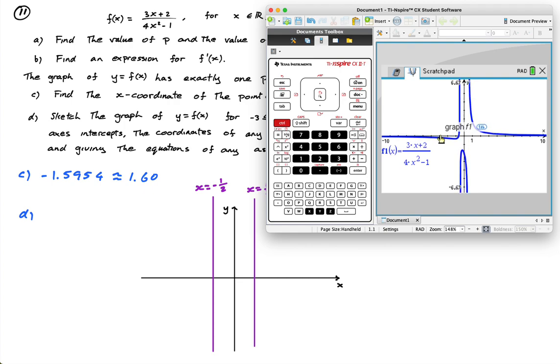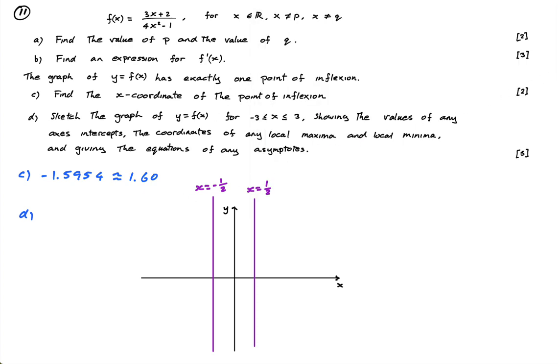So 1, 2, 3 here, and 1, 2, 3 there. And you don't want to go any further than what he's asked for. So that's -1/2. Okay, actually, now that I've said -1/2, I want to bring this in a bit more. That's a half. That's a half.